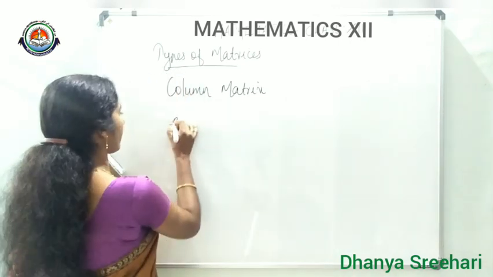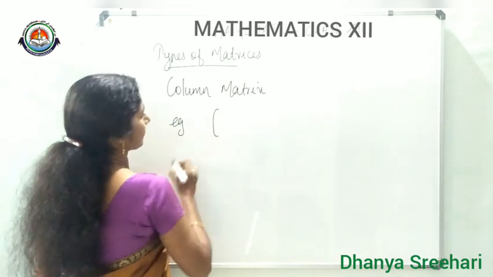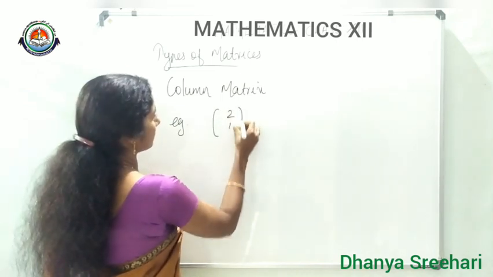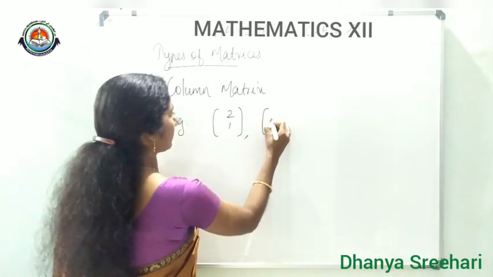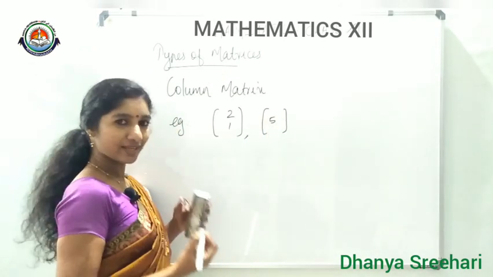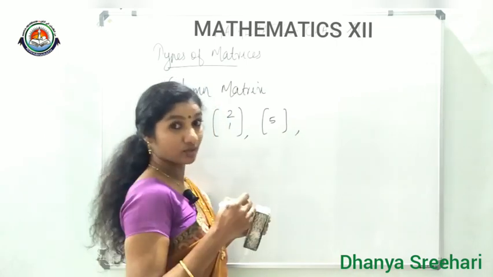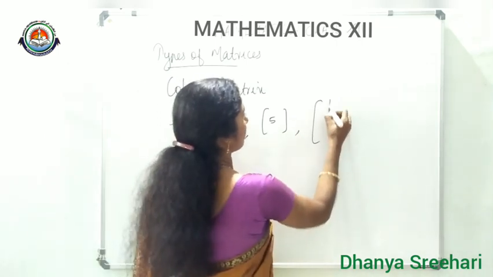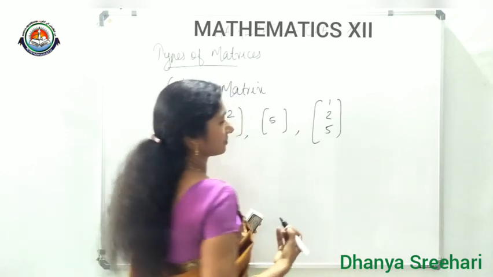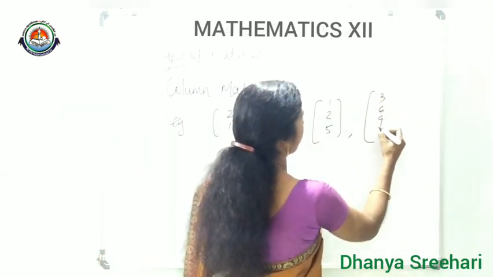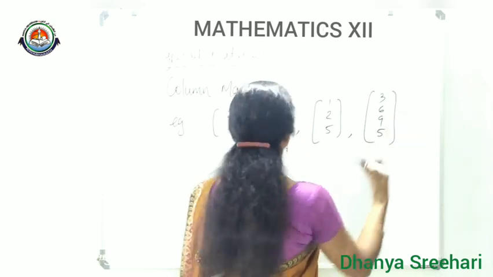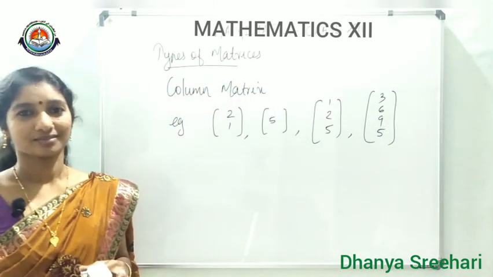One example: 2, 1 is a column matrix. 5 is a column matrix because it has a single column. 1, 2, 5 is another column matrix. 3, 6, 9, 5 is another column matrix.